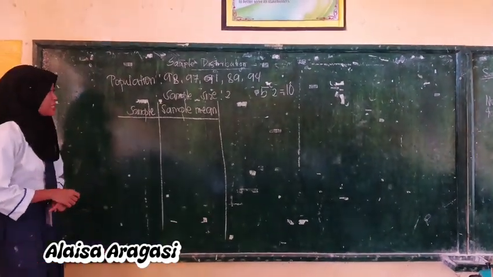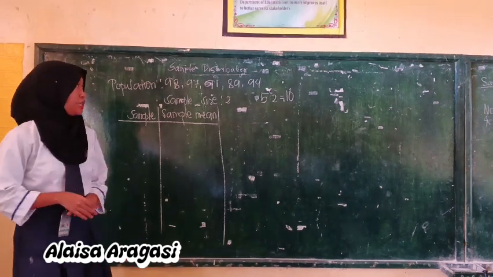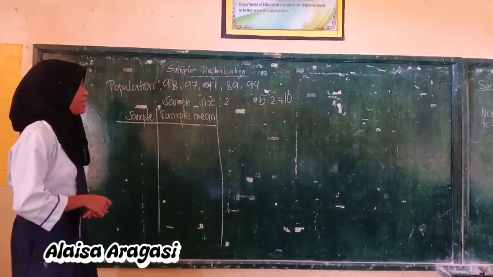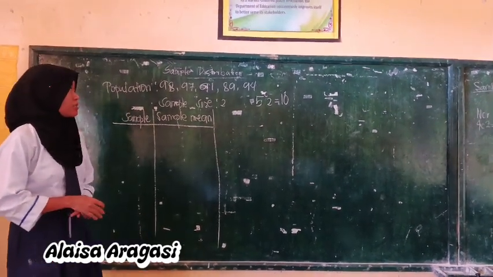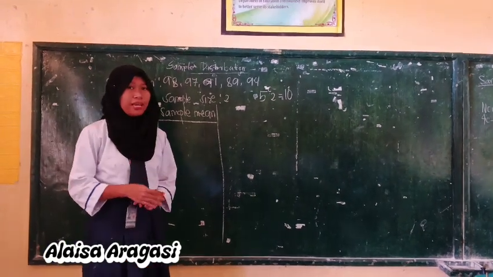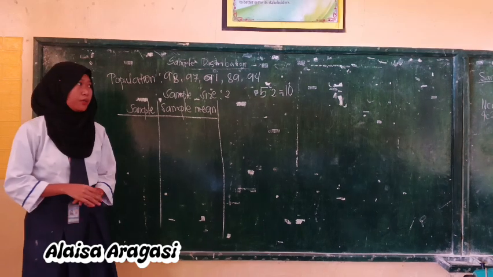Step 2 is we're going to find the samples. Since our population is 98, 97, 91, 89, and 94, and our sample size is 2, the result of 5C2 is equal to 10. So there will be a total of 10 possible outcomes.